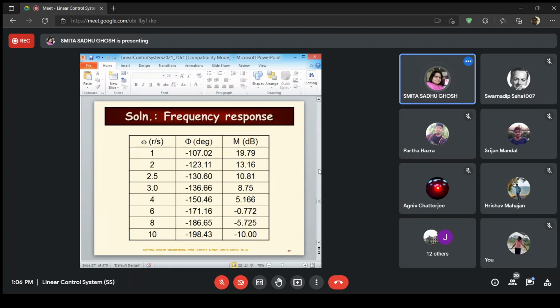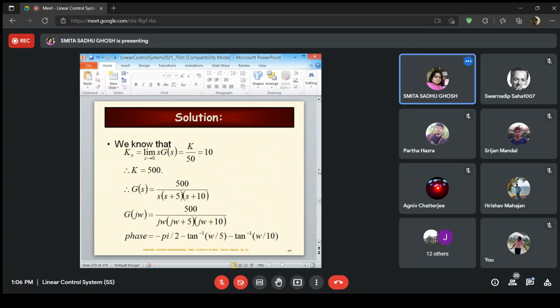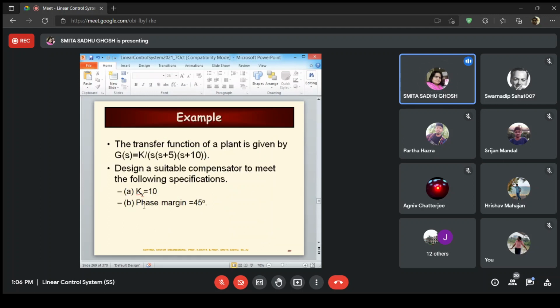So now, just see, the desired phase margin was equal to 45 degrees. That is the requirement, the specification that I must meet after the compensator is applied: a phase margin of 45 degrees, right?